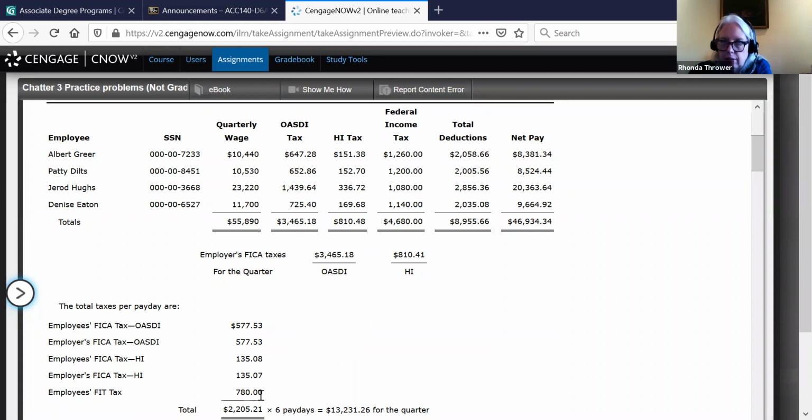That's how they get this. What they did for you is they totaled the taxes for one pay period. Then notice they multiply it by 6 paydays to get the total taxes for the quarter. So the total taxes for the quarter is this amount right here.